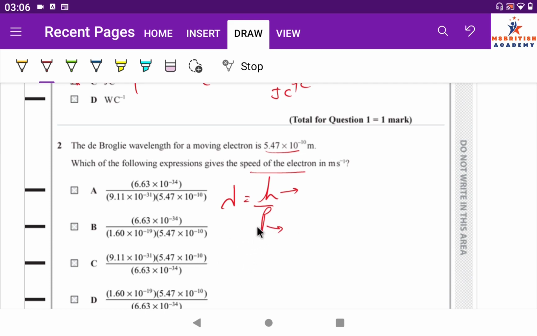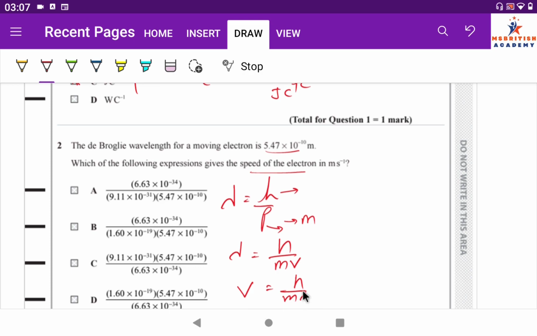You can also rewrite this formula: p is momentum, and momentum is a product of mass and velocity, or mass and speed. So you can write p as m into v, and you can interchange v and lambda to get the speed of the electron. So v is h by m into lambda.